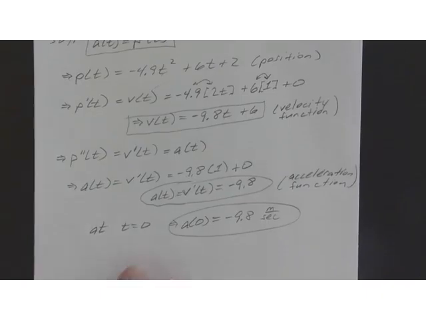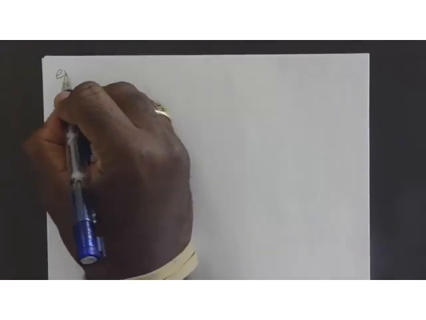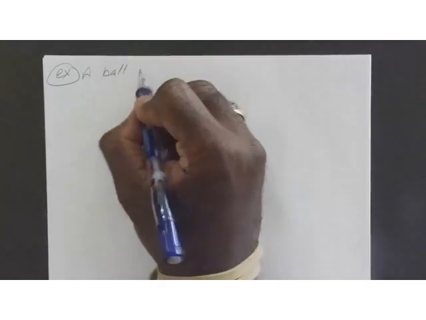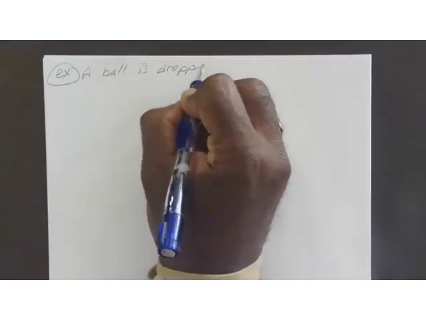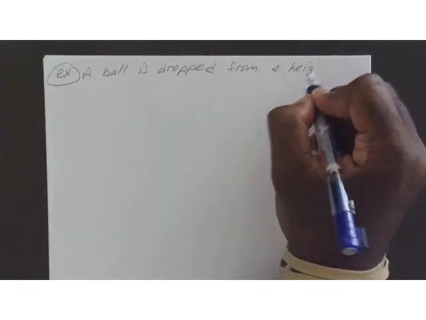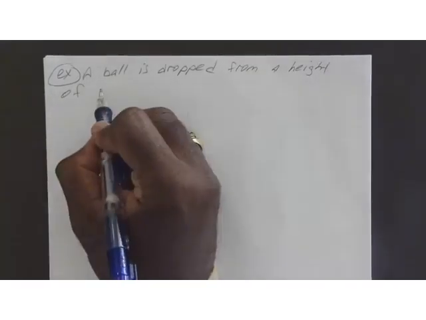All right. Okay. So let's say, for example, that a ball is dropped from a height of 64 feet.